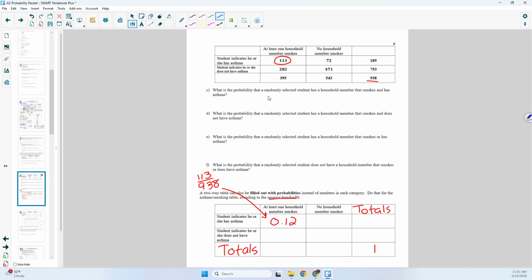I'm going to show one more. This cell, we would divide 72 by 938, and that would come out to 0.08. If I continue doing that with every single cell, 185 divided by 938 is 0.20, and continuing on, I get 0.30, 0.50, 0.80, 0.58, and 0.8.